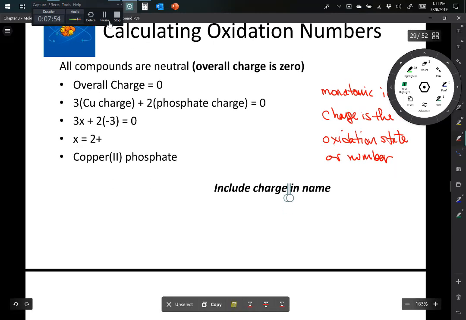So I'm going to write copper. I've written it up here, but I just want to do it like this. I have copper 2 phosphate, like this, right?